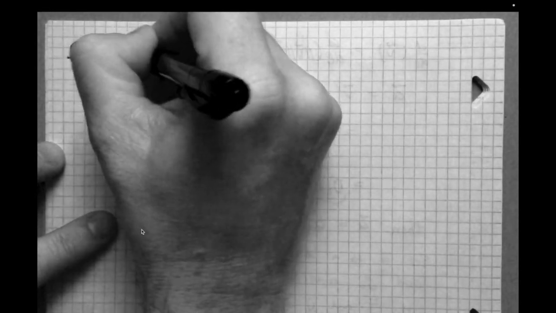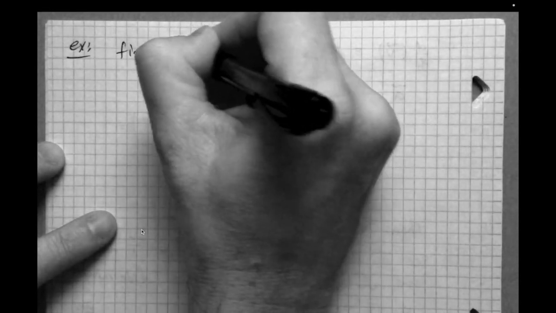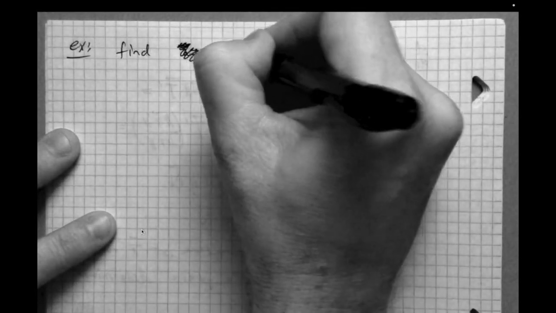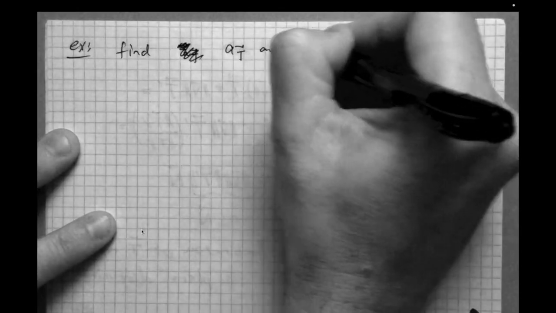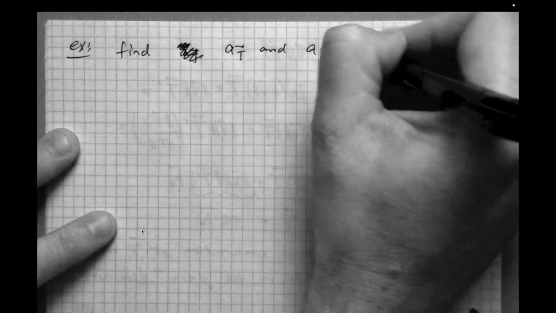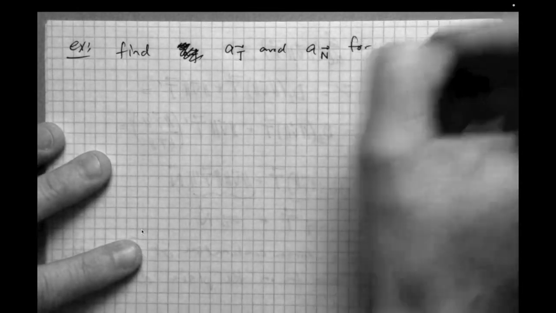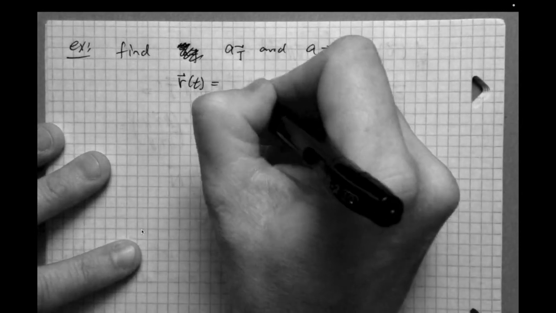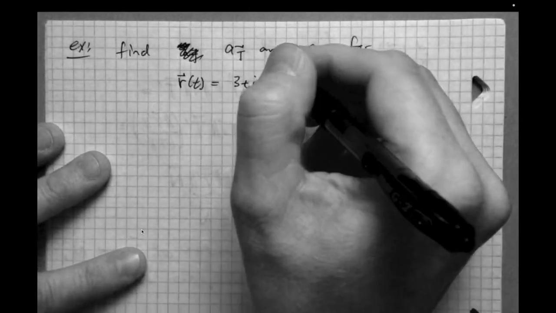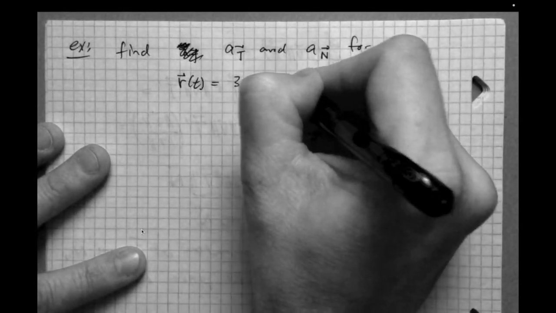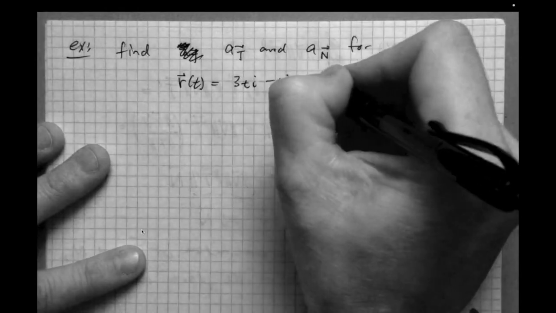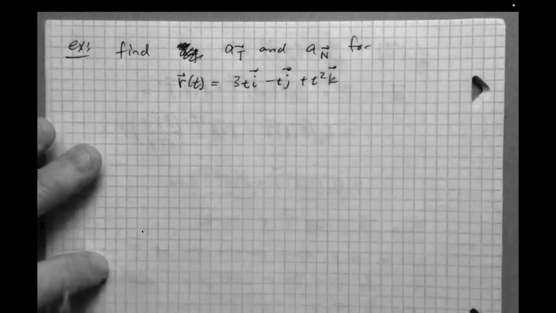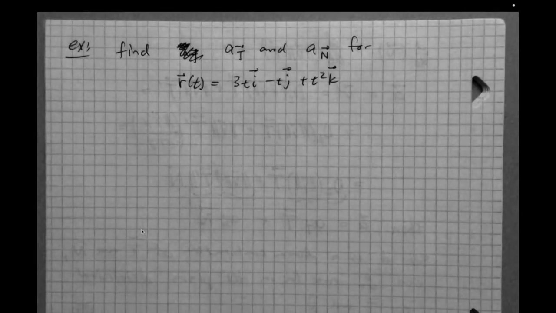So we want to find a_T and a_N for r(t) = 3t i - t j + t^2 k. Okay, so this is what we're after, right?